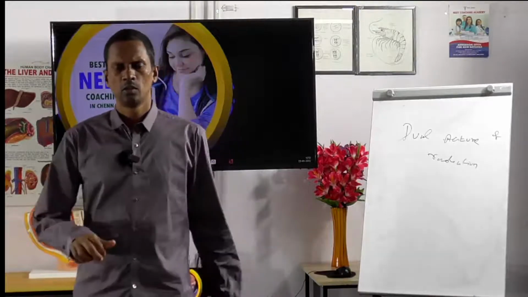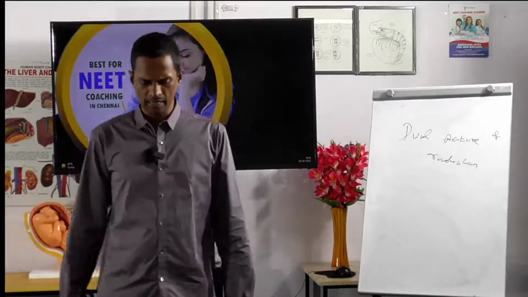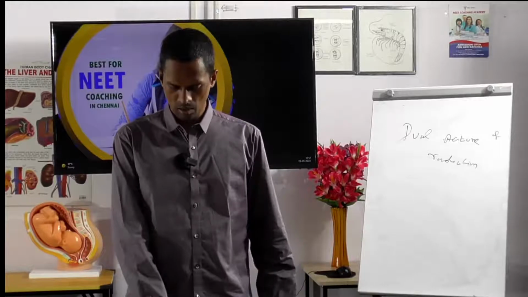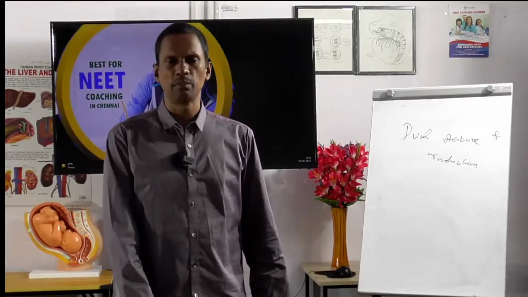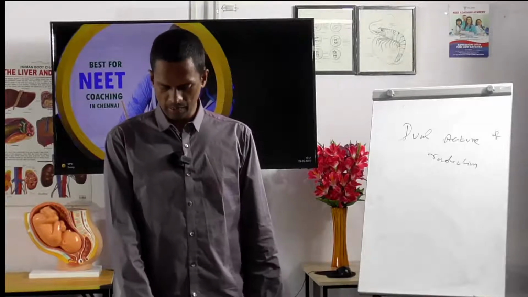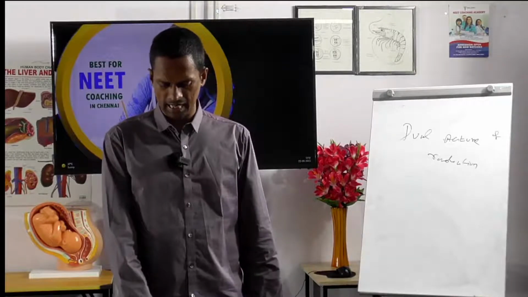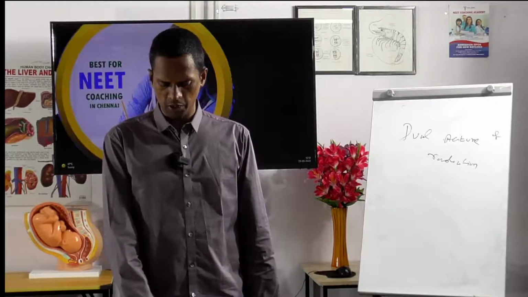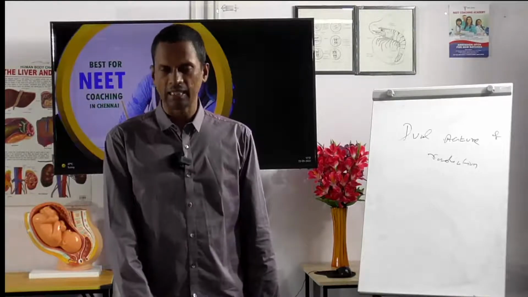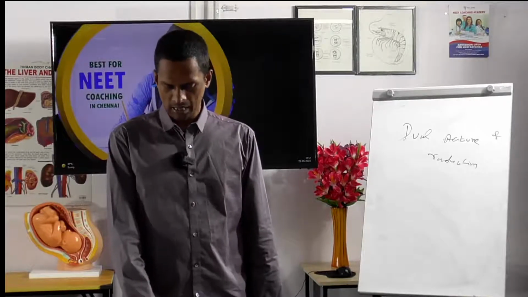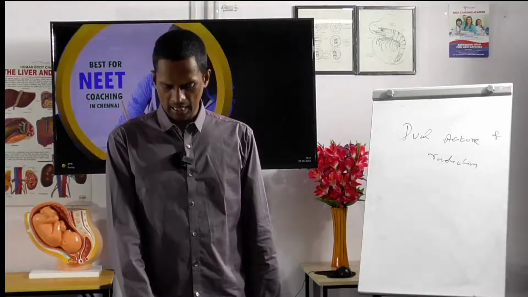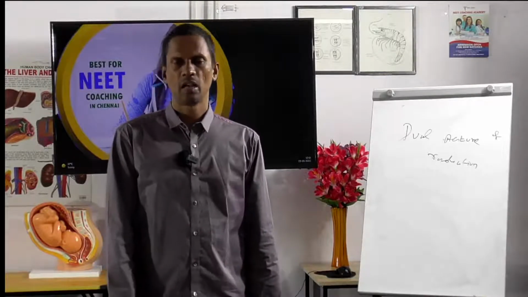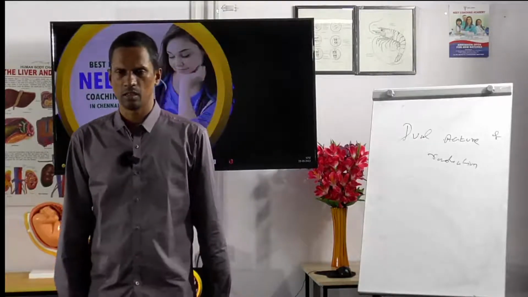Okay. So now we go for the Heisenberg uncertainty principle. The Heisenberg uncertainty principle says that it is impossible to measure both position and momentum of an electron simultaneously. So delta x into delta p is equal to h, where h is Planck's constant.